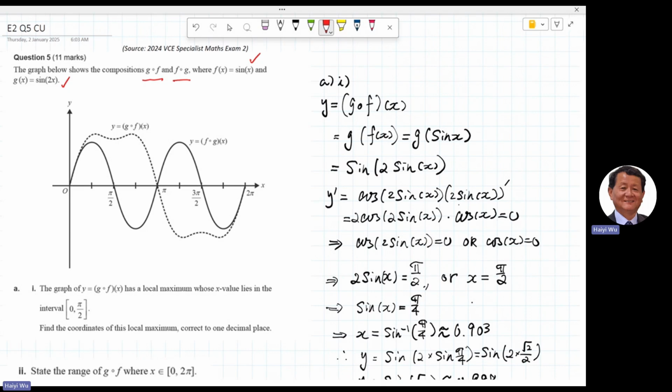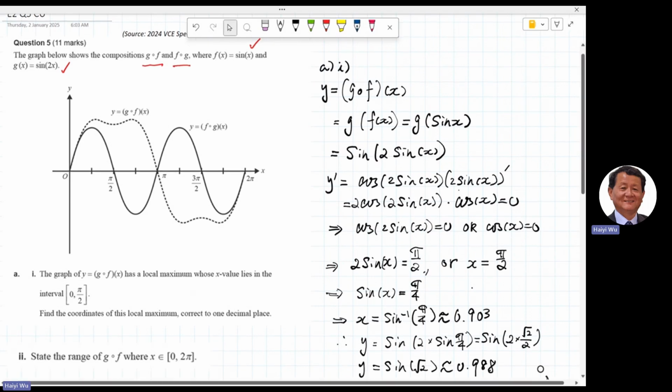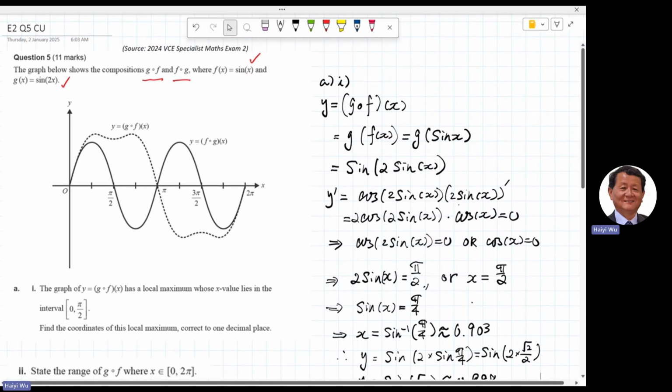Let's explain g circle f first. This graph is g circle f. The continued graph is f circle g(x). So that graph is very different.